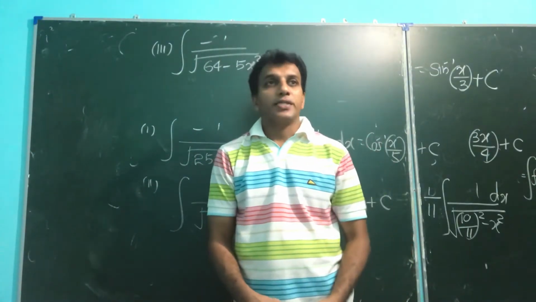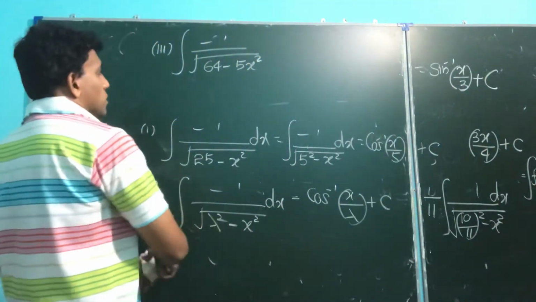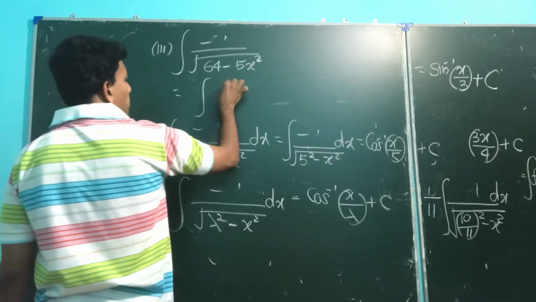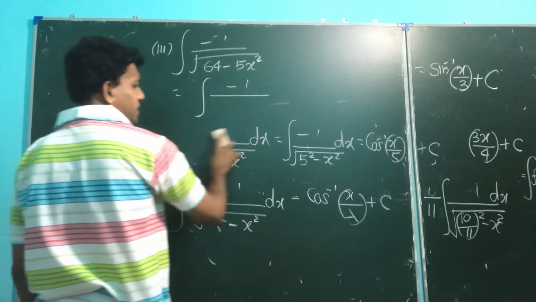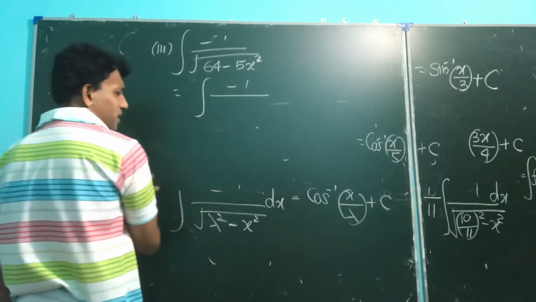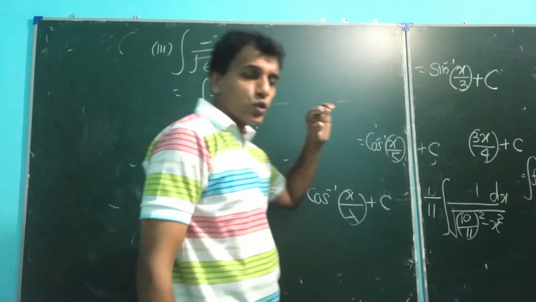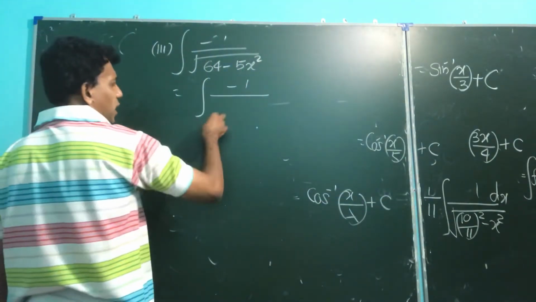So rearrange to the standard form, hence integrate. This becomes integral of minus 1 over, as I mentioned in the sine inverse examples, there are two methods. You can write the a square minus x square form, then you should take the 5 out.